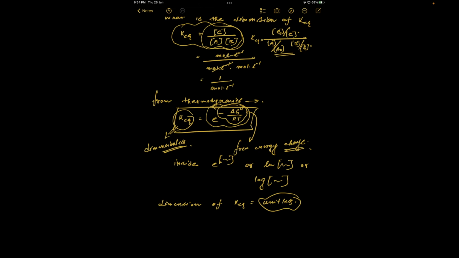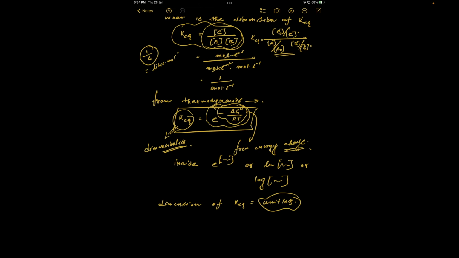So any 1 upon concentration is liter mole inverse, right? In general, if you write the concentration in mole liter inverse unit, then any 1 upon concentration, which is the inverse of concentration, is actually liter mole inverse.